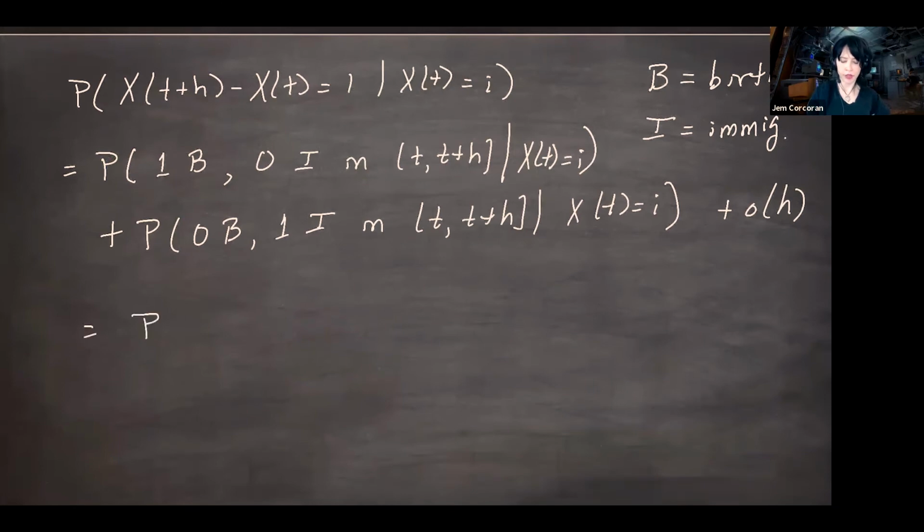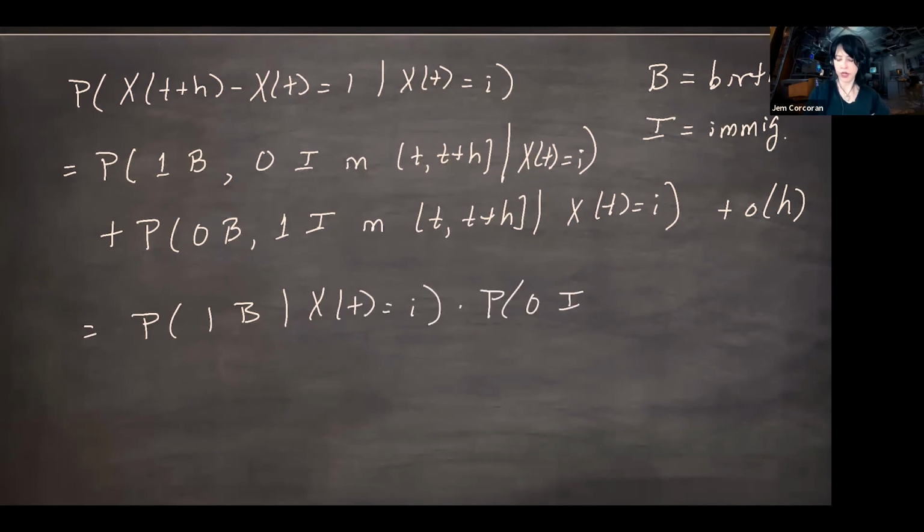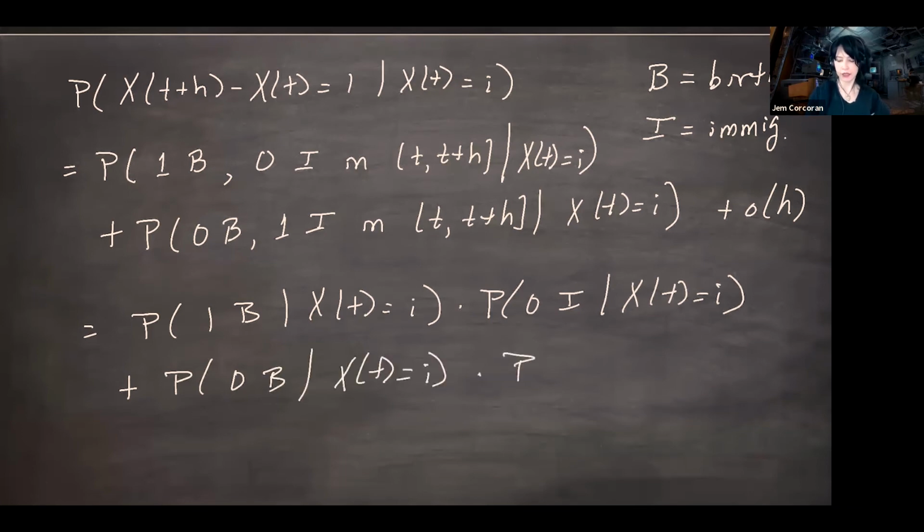This is the probability of one birth, when the current population size is I, times the probability of 0 immigrants coming in, given the current population size is I, plus blah, blah, blah. One immigration, given the current population size is I, plus negligible stuff.